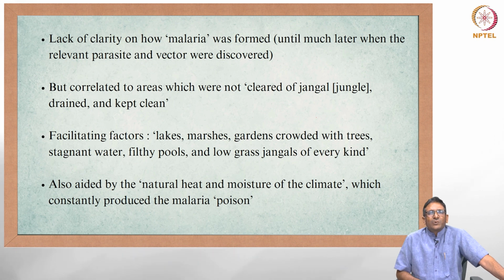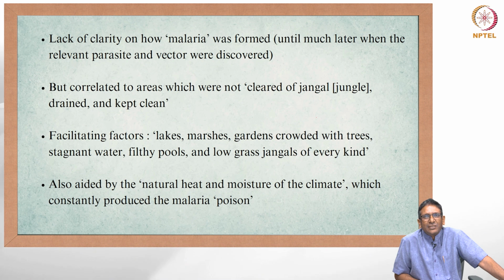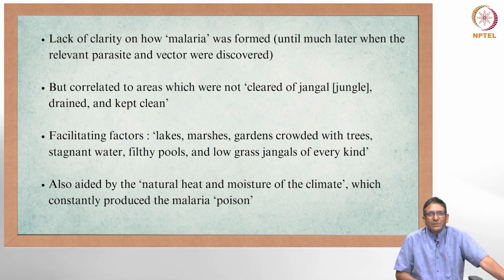So, one of the challenges was the lack of clarity in the early days about how malaria was caused, until much later when it was found that it was transmitted by a particular kind of pathogen.